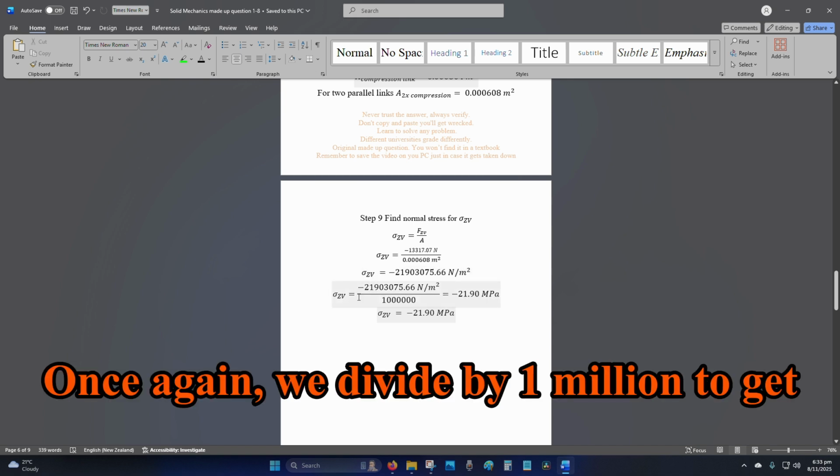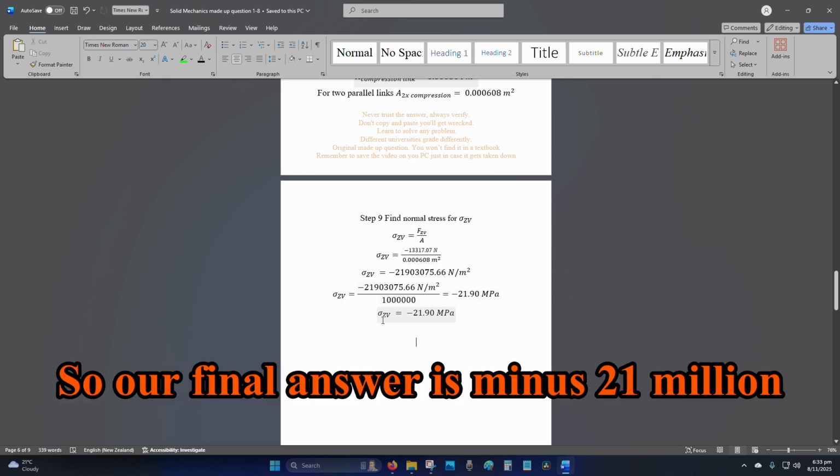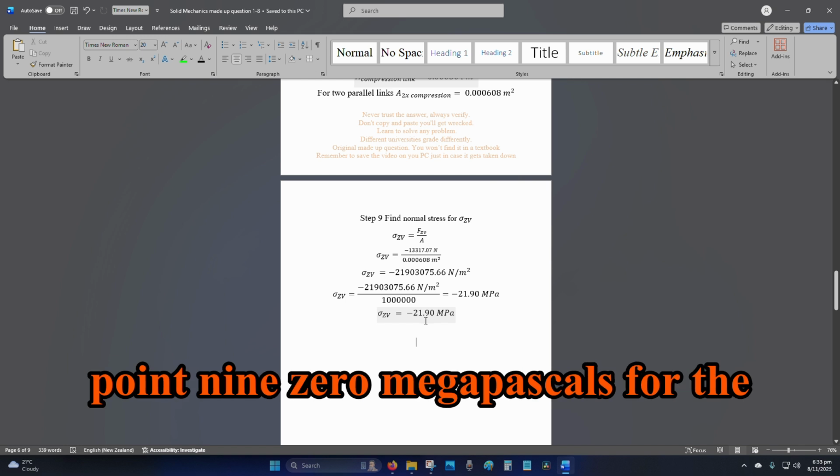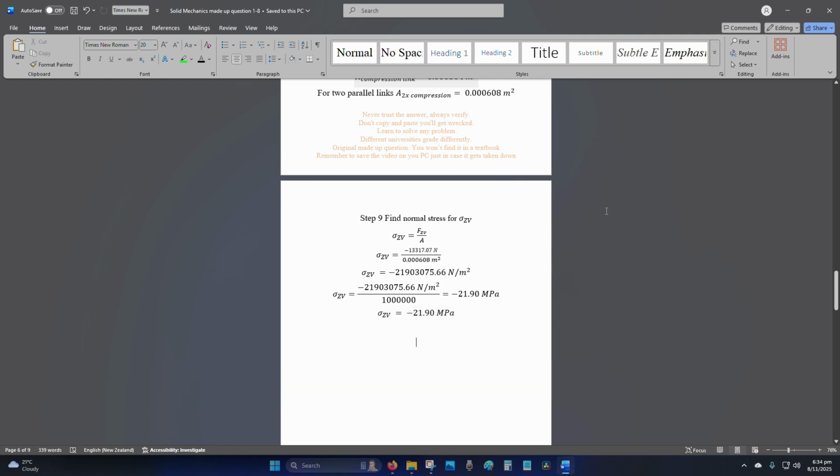Once again, we divide by 1 million to get it into megapascals. So our final answer is minus 21.90 megapascals for the average normal stress of point ZV.